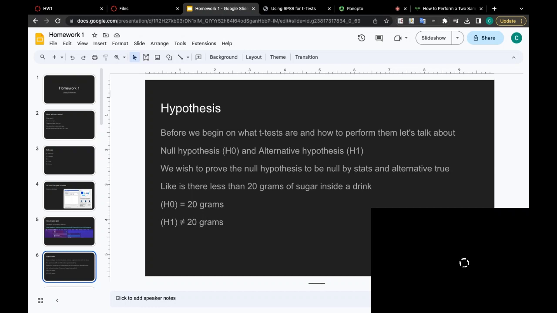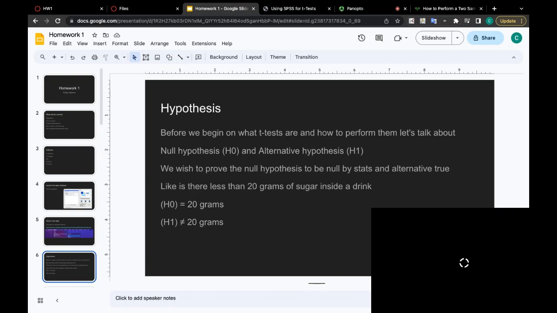Before we perform a t-test, we got to talk about the null hypothesis and the alternative hypothesis. Our goal is to reject the null. So let's say we're examining a machine that puts sugar in Coke. Our goal is that there must be 20 grams of sugar inside that Coke. It must produce 20 grams of sugar, and that must be the average.